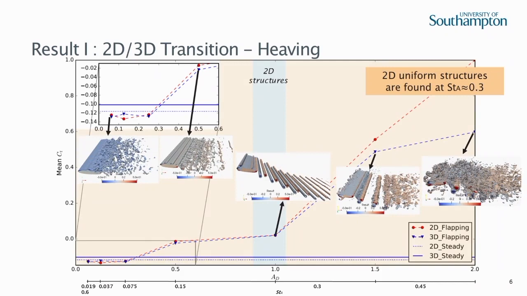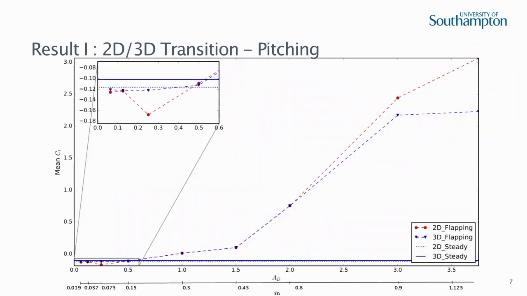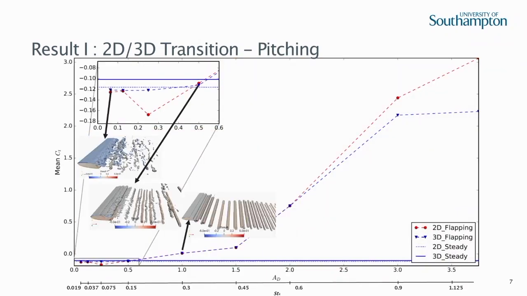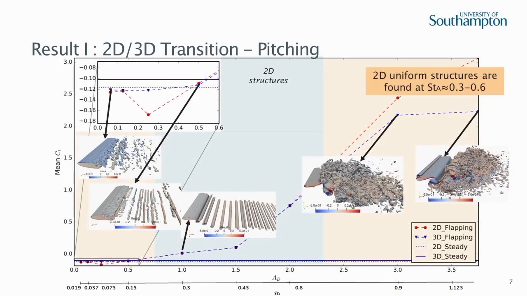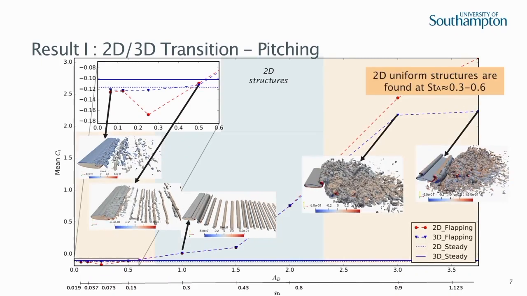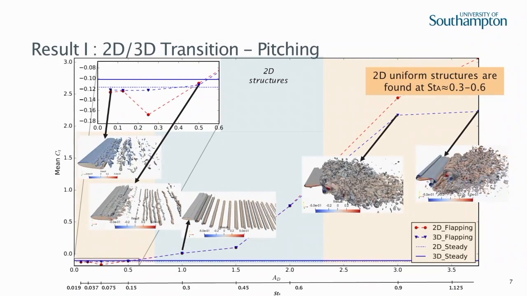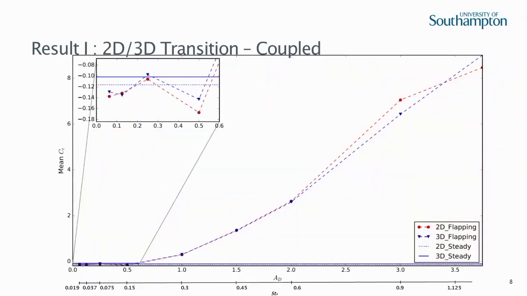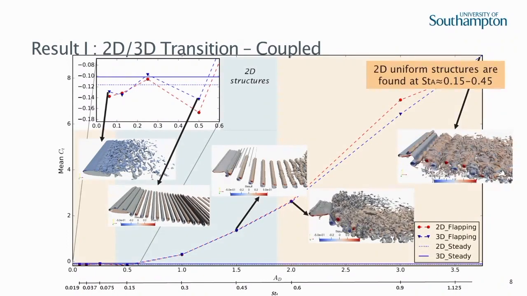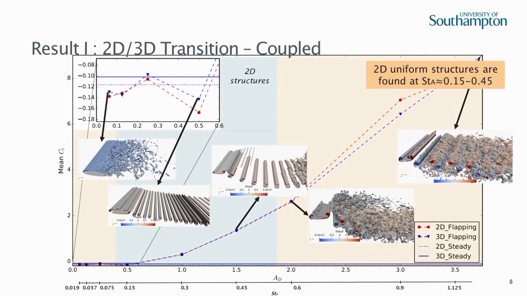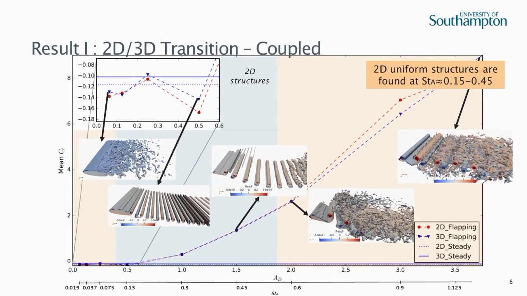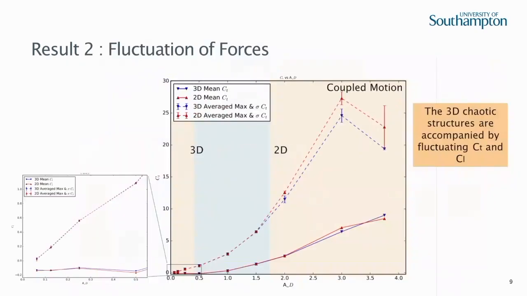For heaving, we have a very small window, but for pitching motion, we begin to have a very big window of 2D structures. And in coupled motion, we have the same big window, but we get 2D flow structures earlier.